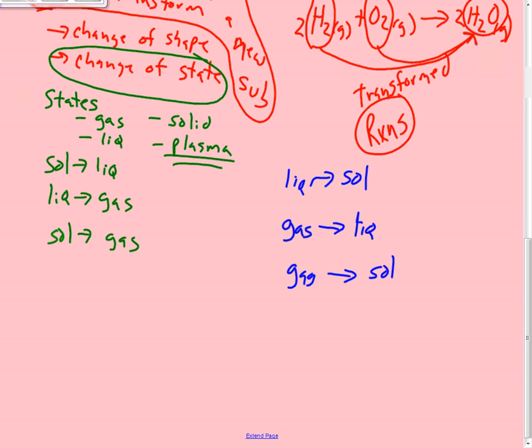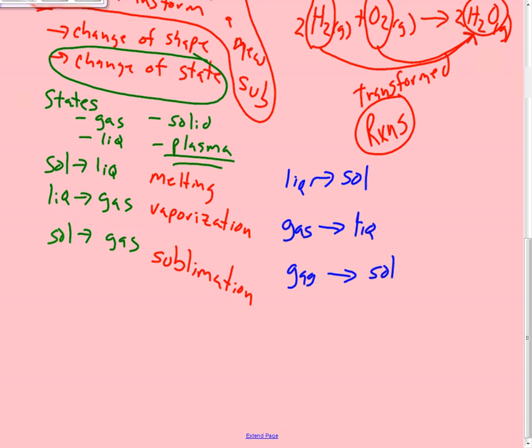Those are all changes of states, and they all have names. When they go from a solid to a liquid, we call that melting. When I go from a liquid to a gas, we call that vaporization, or vaporizing. When I go from a solid to a gas, we call that sublimation.